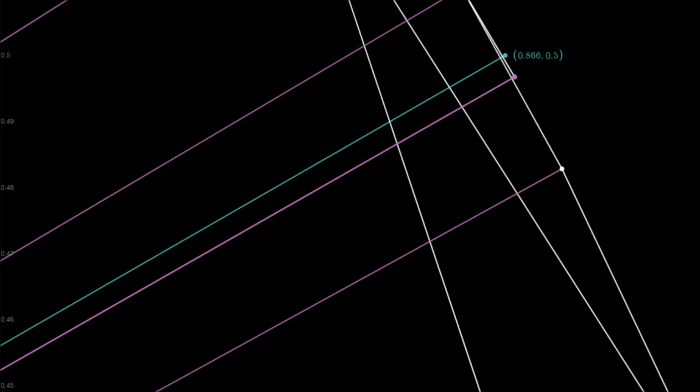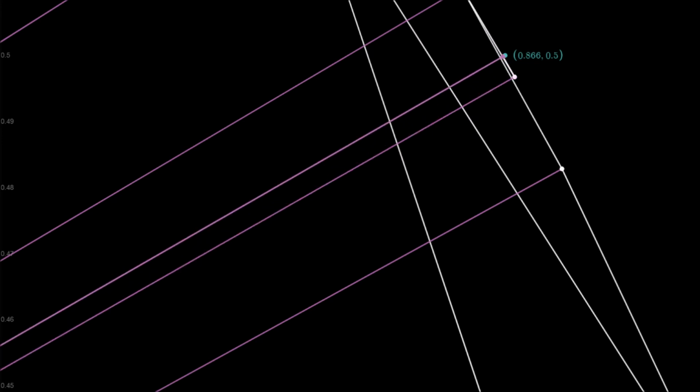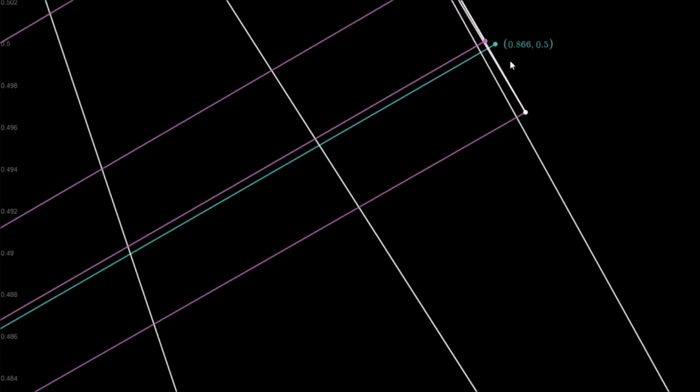So we then add on again, and we've gone too far, so finally we subtract off. So what we have here after our iterations is an approximation.